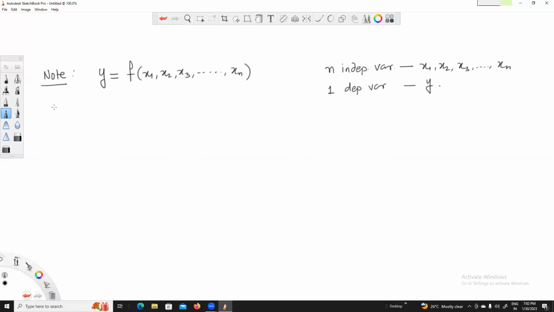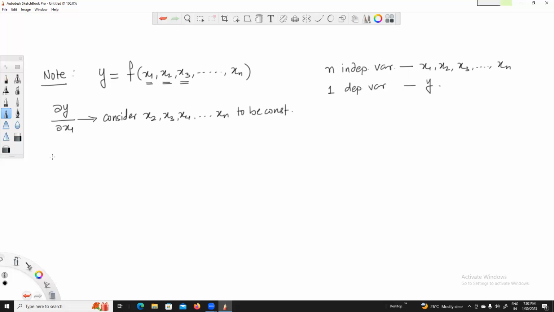Now, suppose if I want to calculate del y, I can define the rate of change of y with respect to each independent variable separately. So first of all, I will write del y by del x1. So while defining this, consider other variables, other means x2, x3, x4, and so on up to xn, to be constant.